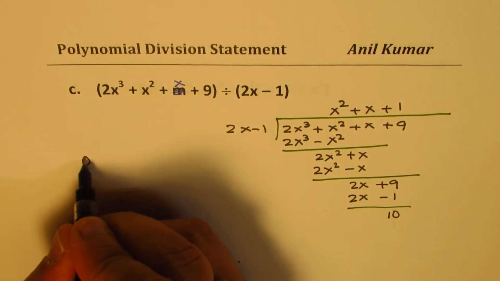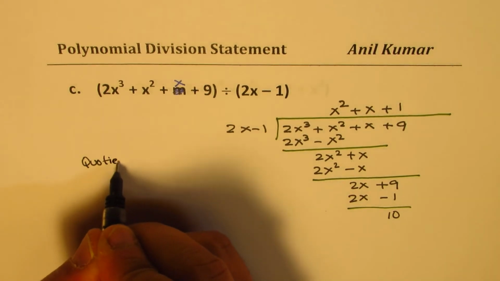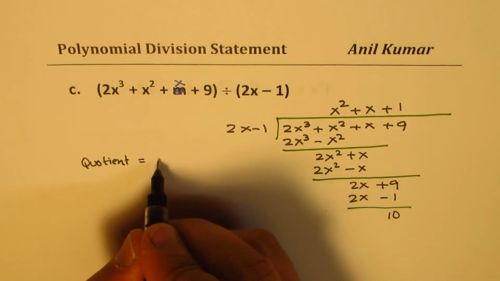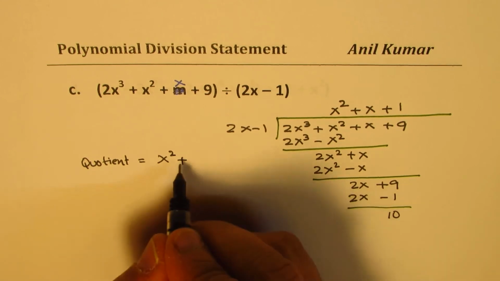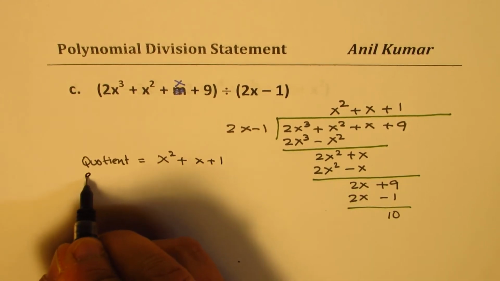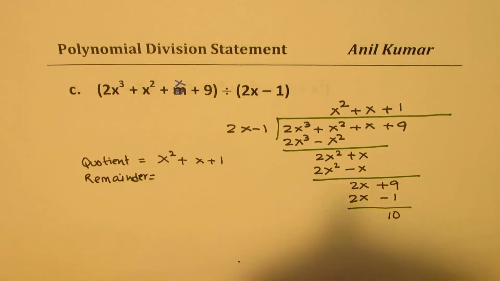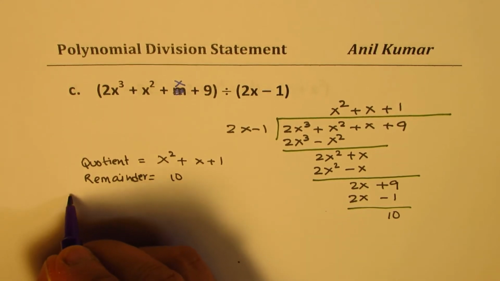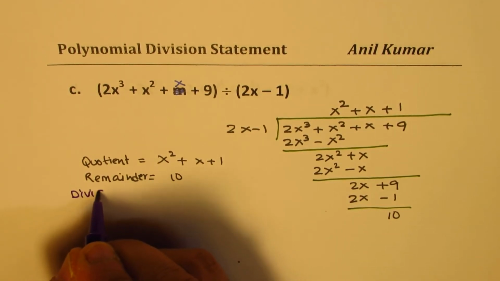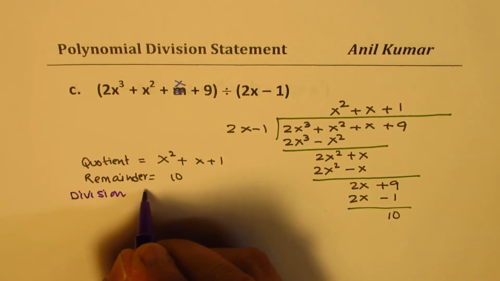So you can write quotient as equal to x squared plus x plus 1, and the remainder as equal to 10. Now sometimes you may be required to write a division statement. So you may write division statement also. Let me show you an example here.